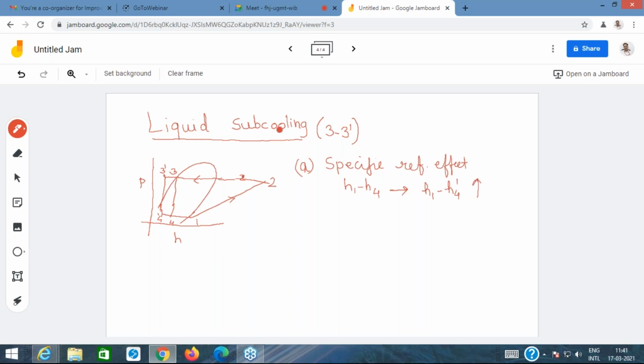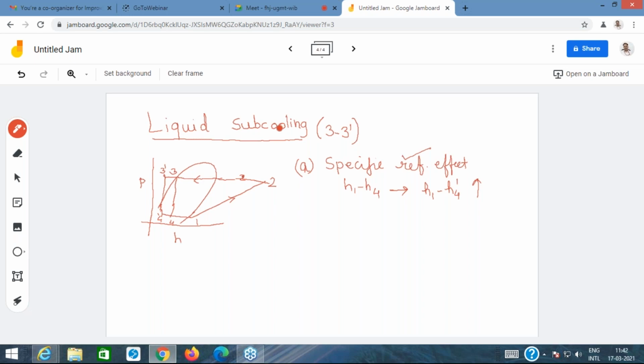It is very clear from the pressure enthalpy diagram that liquid subcooling increases the specific refrigerating effect from H1 minus H4 to H1 minus H4 dash. And this obviously is the most desirable feature when you talk about the impact of liquid subcooling on the cycle. So this is a good thing, that liquid subcooling increases the specific refrigerating effect.